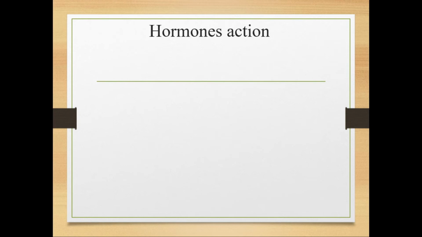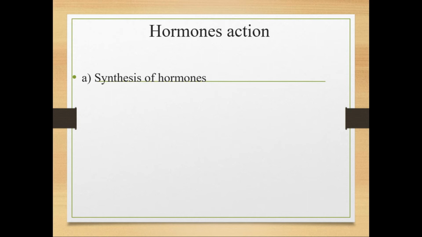Okay, now we will discuss how hormones function. This slide shows the mechanism of hormone action. So the stepwise plan is here. We have already seen that different endocrine glands synthesize their appropriate hormones, such as the pituitary gland releases 8 hormones in total.